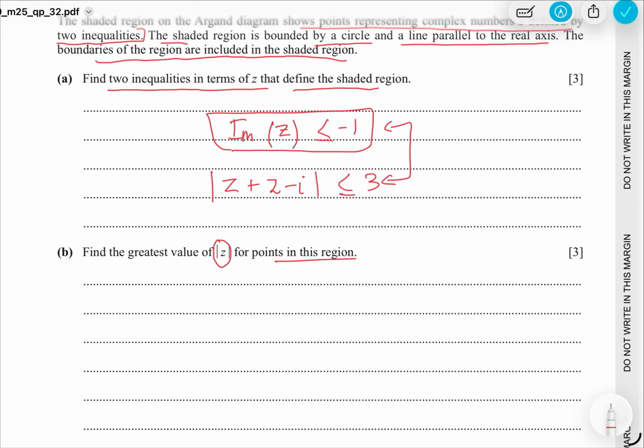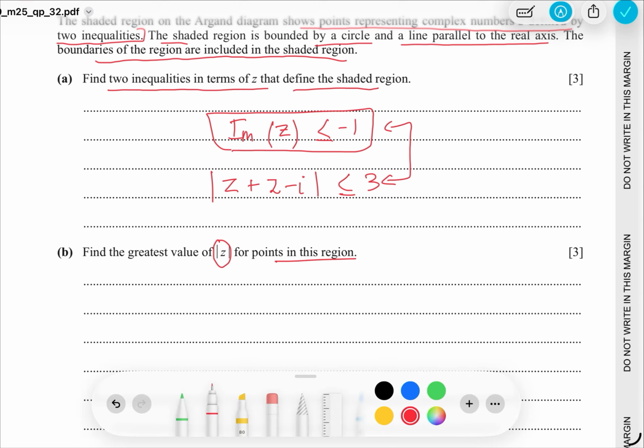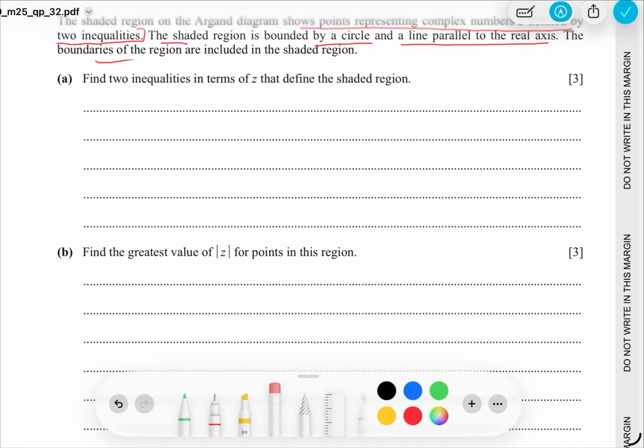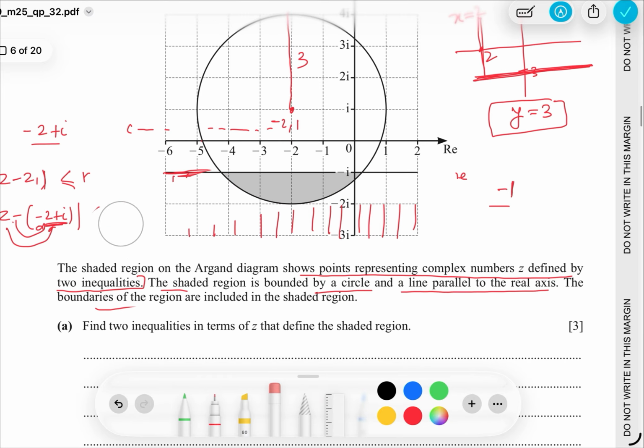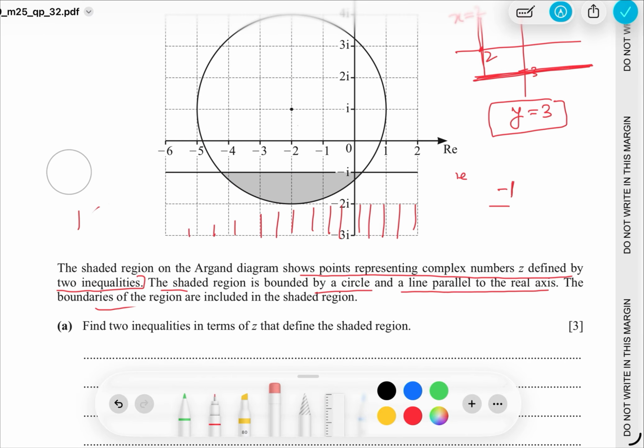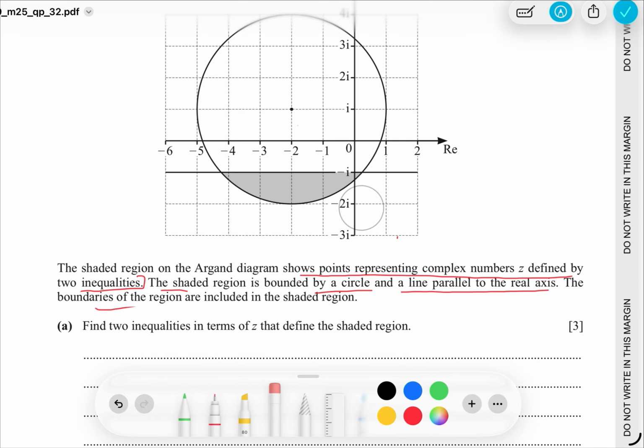Let me teach you one thing first. We have to find the greatest value of mod z. Okay, now let me erase it and teach you how to find the greatest values and least values. Stay with me, learners. This is the most important question which is asked in the examination.